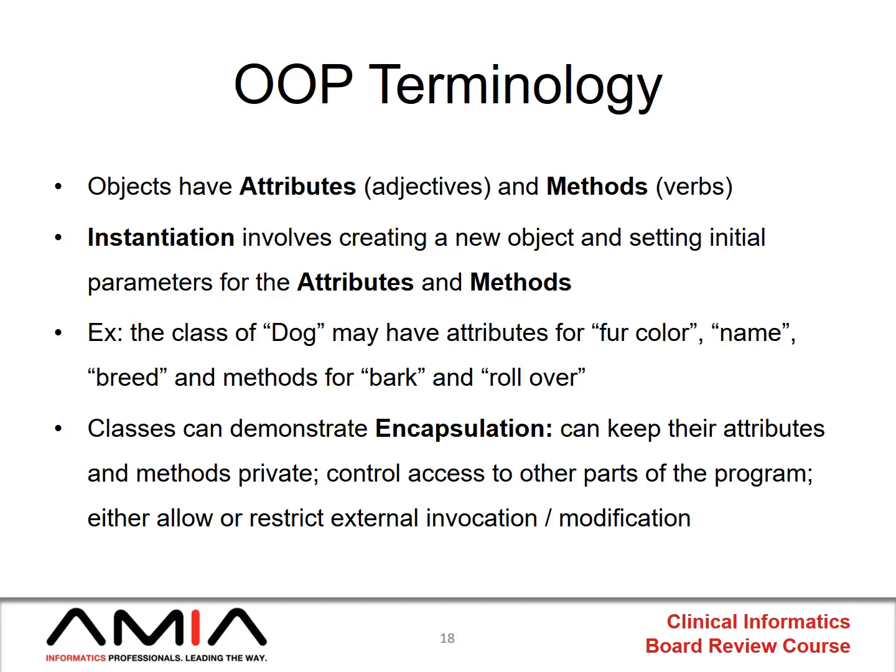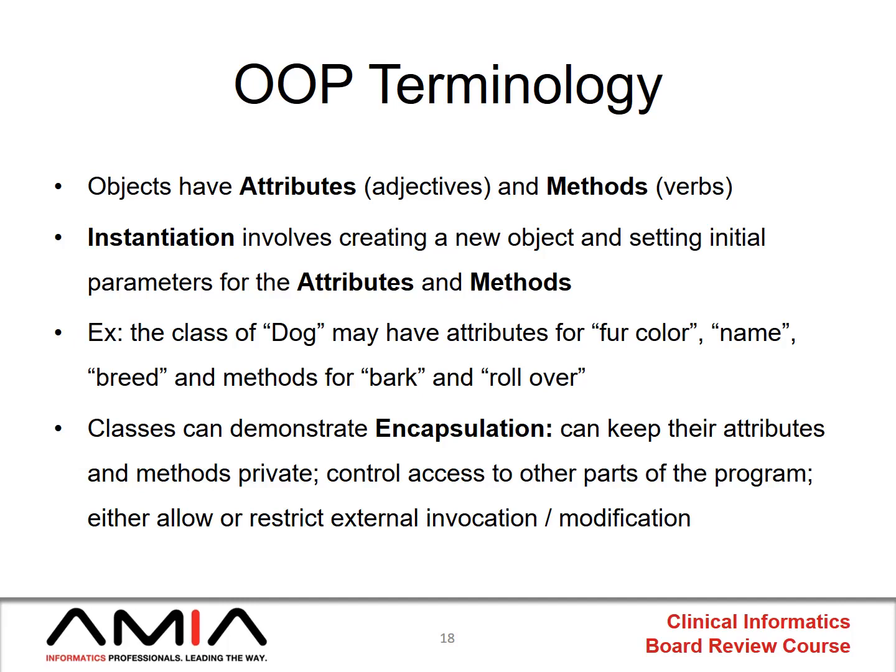There is this funny word called instantiation, which is the act of creating an instance of an object or a member of a class. And when you instantiate an object, that's when you set the initial parameters. That's when you first define, okay, here's the values for the different attributes, and here's the methods that this new instance of the class can actually perform.